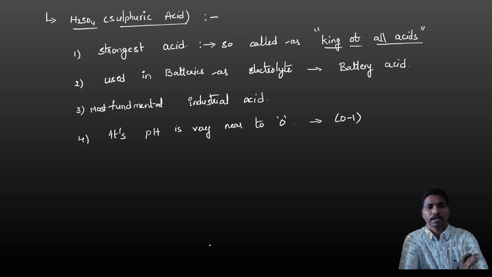H2SO4 is the strongest acid. It is also called the king of all acids, and it is used in batteries. So you can say it is the battery acid, the most fundamental industrial acid, and its pH is very near to 0, between 0 to 1.